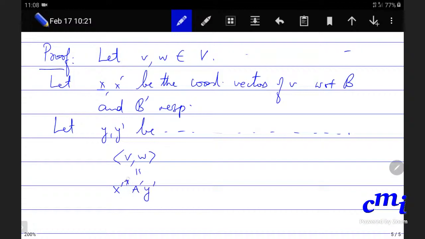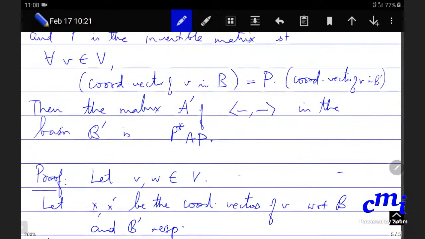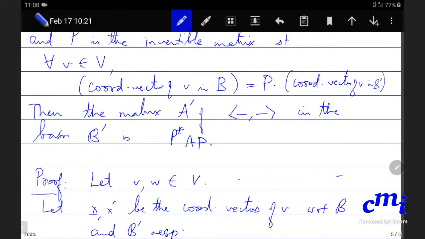So this is it being calculated using B prime. On the other hand, it is x transpose A y. Now the first thing was calculated using B prime, and the second is calculated using B. But I want to now use the change of basis matrix for this one. x is P times x prime. y is P times y prime.